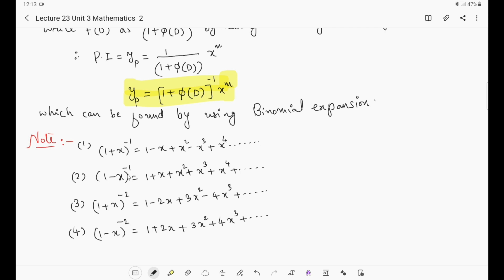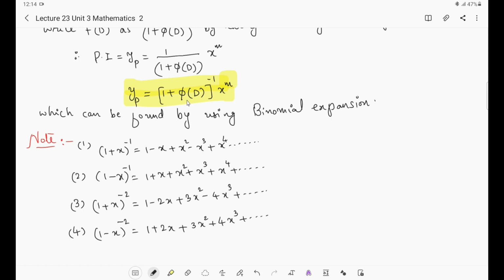If we get 1 minus x whole power minus 1, then the expansion is 1 plus x plus x square plus x cube plus x power 4 and so on. If we get 1 plus x whole power minus 2, then the expansion is 1 minus 2x plus 3x square minus 4x cube and so on. If we get 1 minus x whole power minus 2, then all the minuses become plus: 1 plus 2x plus 3x square plus 4x cube and so on. So these are the formulae for expanding this 1 plus phi of D.